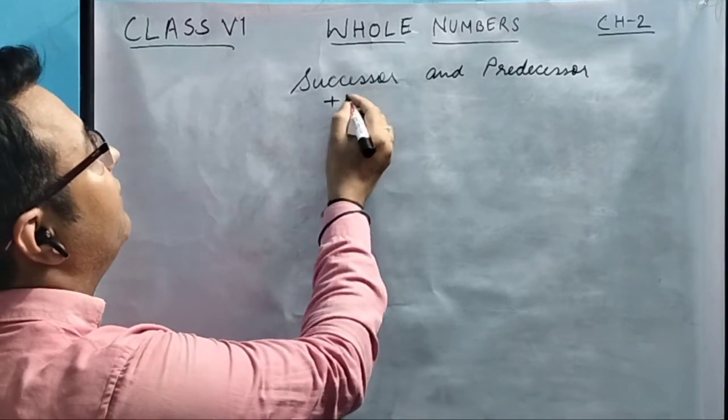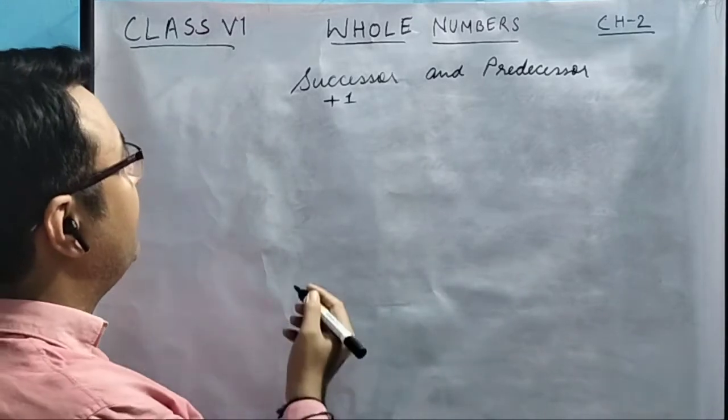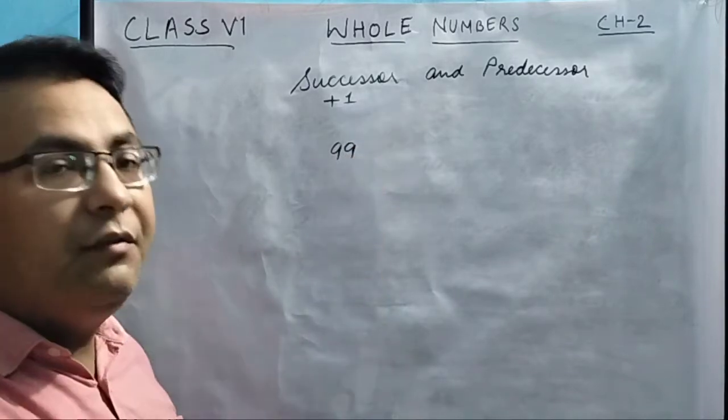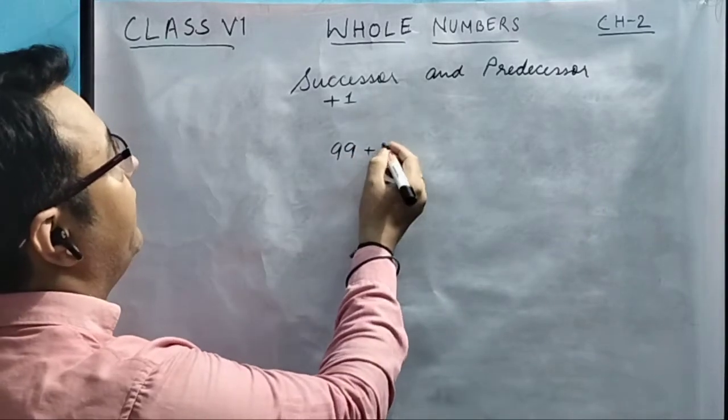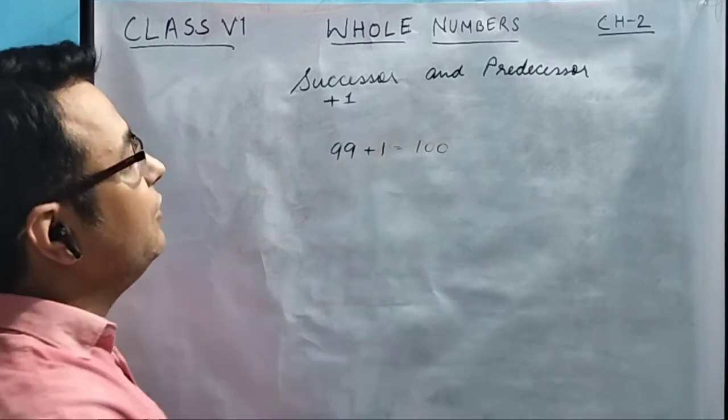When we add 1 to the given number, we get the successor. For example, suppose we have to find the successor of 99. We will add 1 to 99, we get 100. So 100 is the successor of 99.